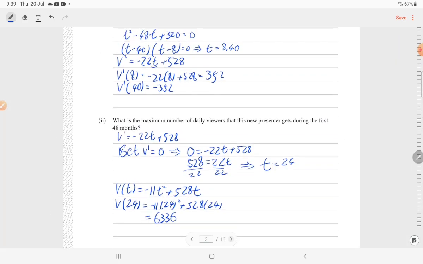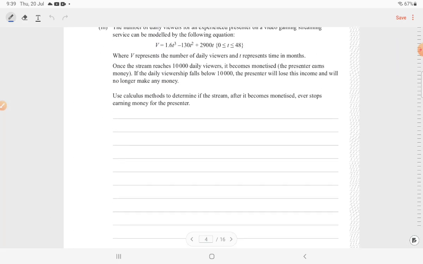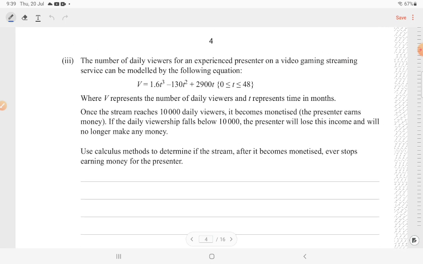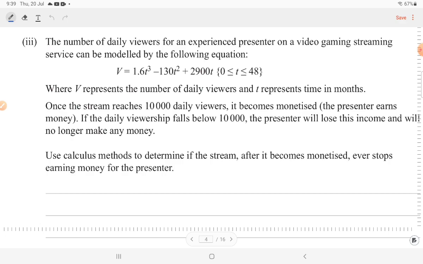We'll go to the next page. This is the tough excellence question. The number of daily viewers for an experience presented on a video gaming stream service can be modeled by the following equation. V equals 1.6t cubed take away 130t squared plus 2,900t, where V represents the number of daily viewers and t represents the time in months.